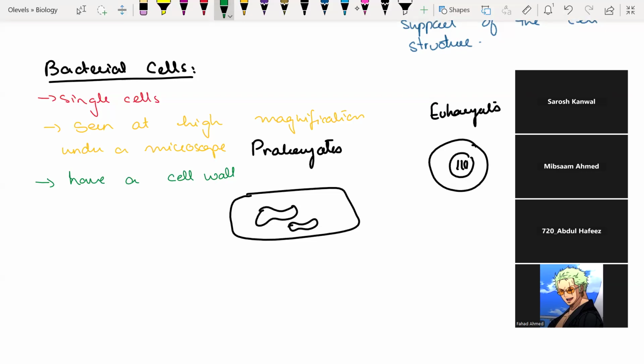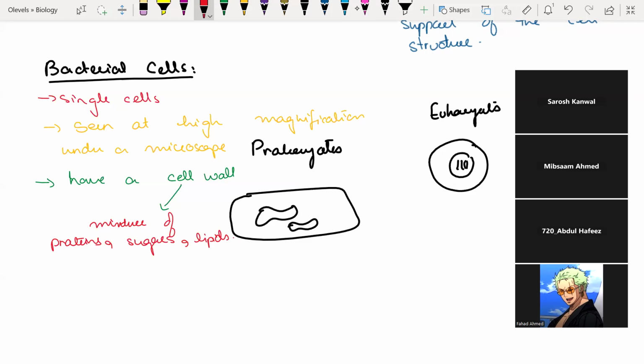Yes. So their cell wall is composed of a mixture of proteins, sugars, and lipids, right? Yes.